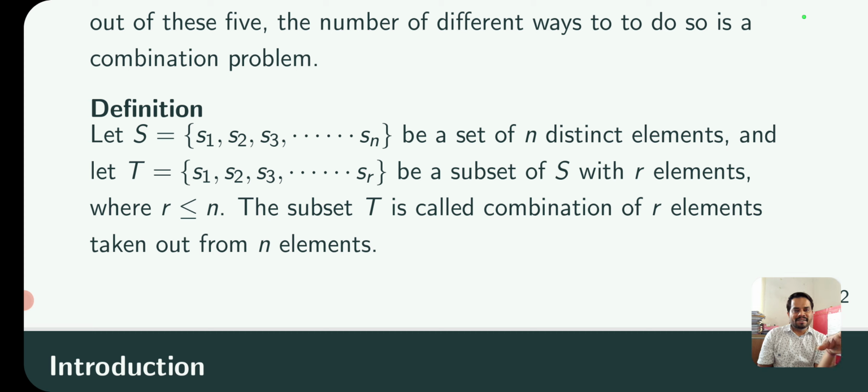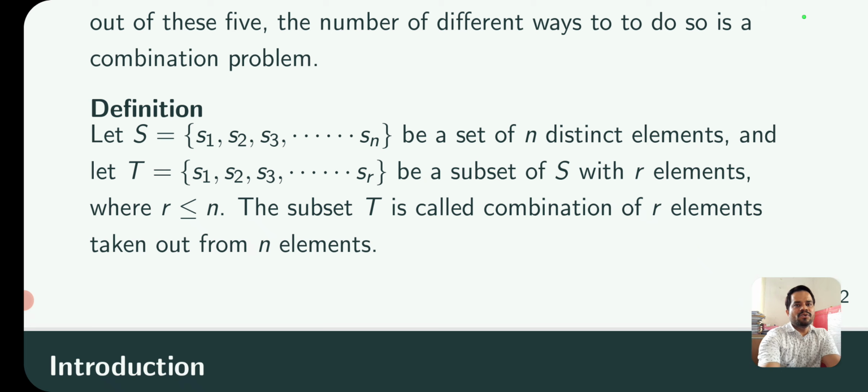Do you understand how we can mathematically define the concept of combination? We take one set S with n elements and another set T with r elements, meaning T is a subset of S. So T is a selection from the set S, and that is why T is called a combination of r elements taken out of n elements.